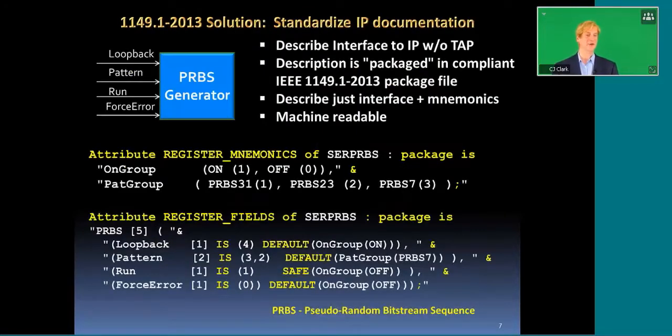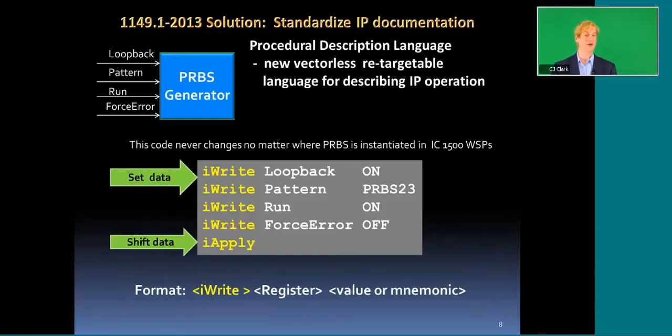And what we've done is standardize the IP documentation. So you can now describe what is the IP you have for an interface, and then also standardize how you operate. And when you describe how to operate the IP, that code never changes. So in this case with the PRBS, you can write this just one time and then not need to change that documentation again.